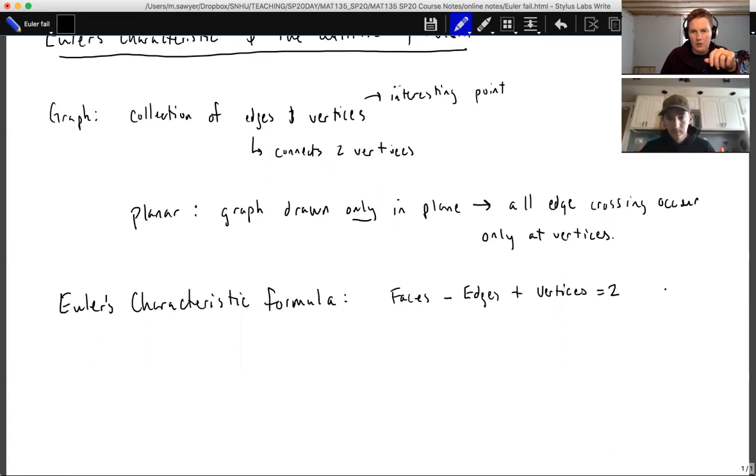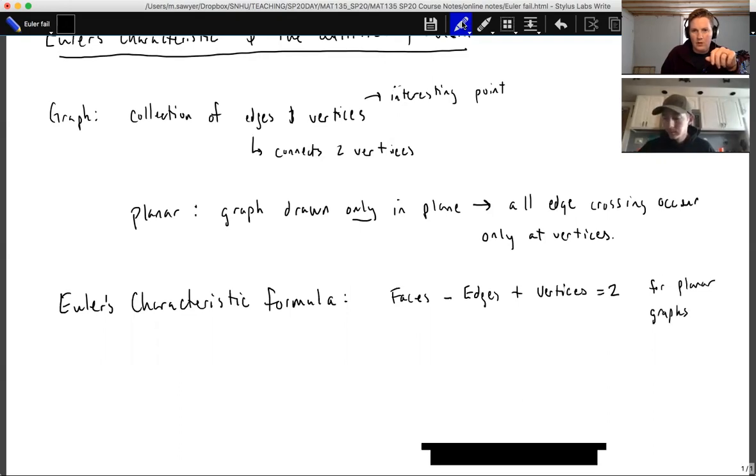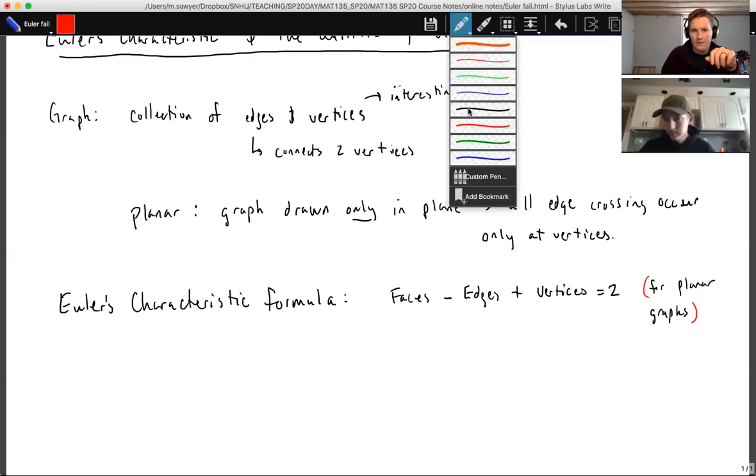And this is true for planar graphs. So this characteristic formula was true for planar graphs.